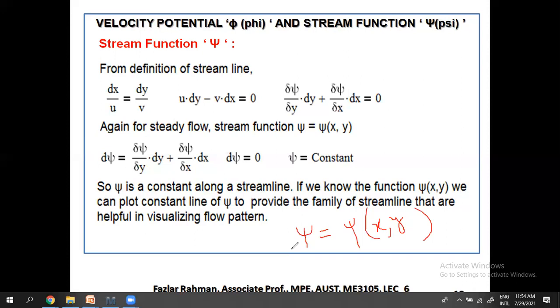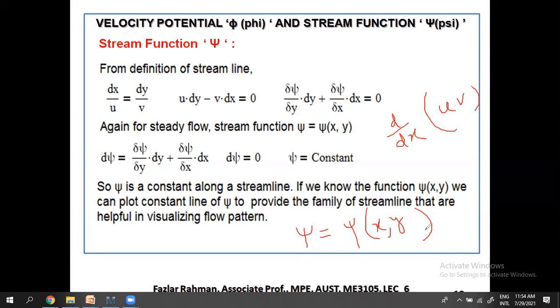Now I would like to differentiate this function. Same thing over here.